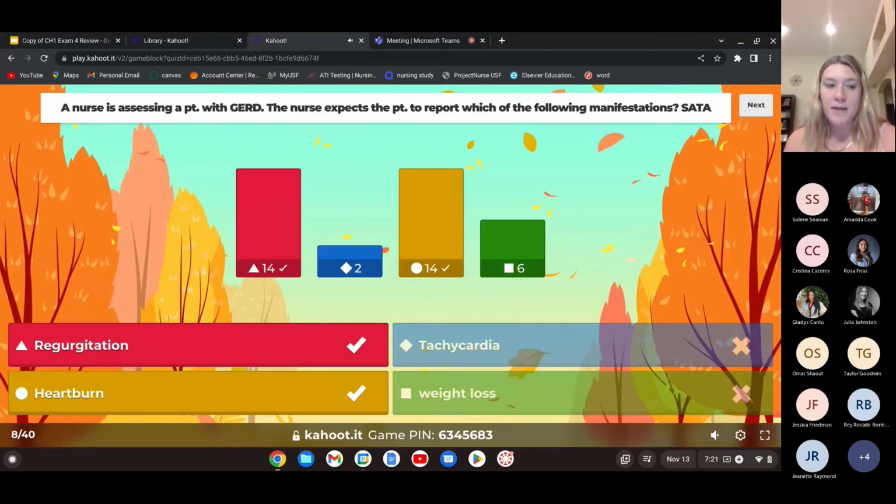Good job. So these patients are going to have a lot of regurgitation and heartburn. These patients do not experience weight loss. They're typically at a stable weight. The only time that we had experienced weight loss was a little bit more with our peptic ulcer disease, if they had an ulcer in the stomach, a gastric ulcer.